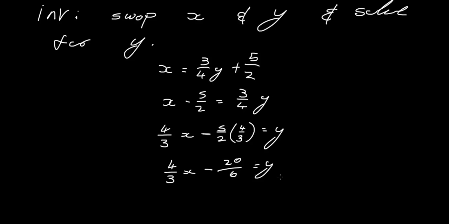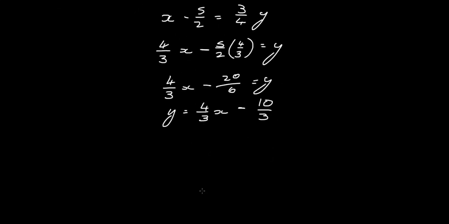Okay, and then let's just write it in standard form with the y on the left. Y equals 4 over 3x minus 20 over 6, which simplifies to 10 over 3. Okay, and there we go. We've solved for y.